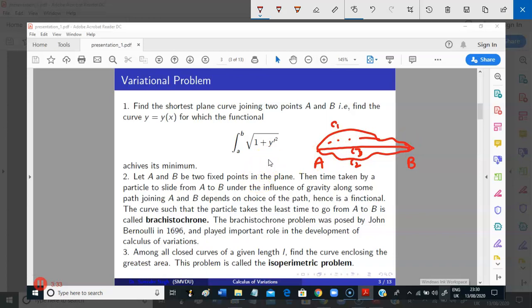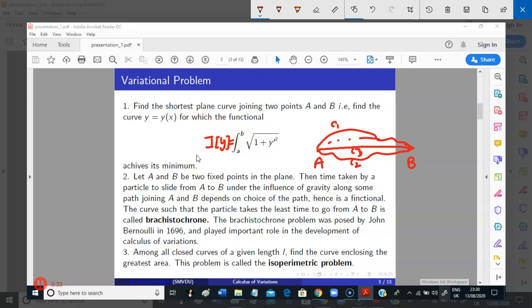Now the question is, find the shortest plane curve joining 2 points A and B, and to find the curve y equal to y of x, for which this functional, along with this integral, we call it a functional, and generally we denote it by I of y, because here y is a function of x.